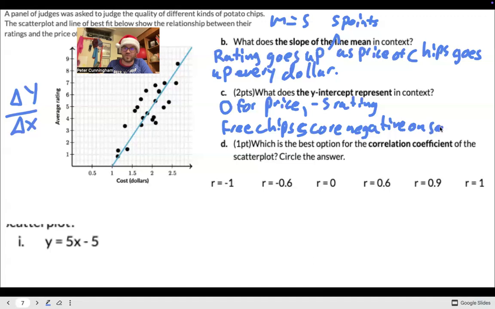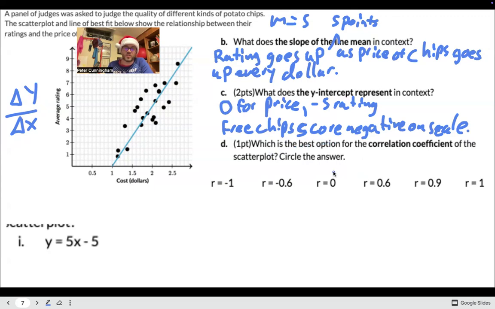Now, does that necessarily make sense? Well, I don't know. Does it have a 1 to 5 rating or a -10 to +10? But what it's essentially saying is that free chips aren't as good. Maybe that's why they're free, right? Or really cheap chips, like a 10-cent bag of chips, are going to get lower ratings. That's essentially what we're saying here, that really cheap chips aren't going to be that good on the scale.